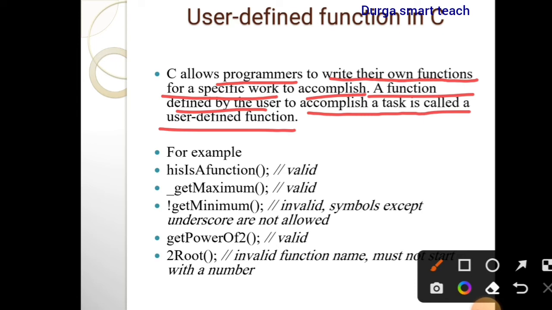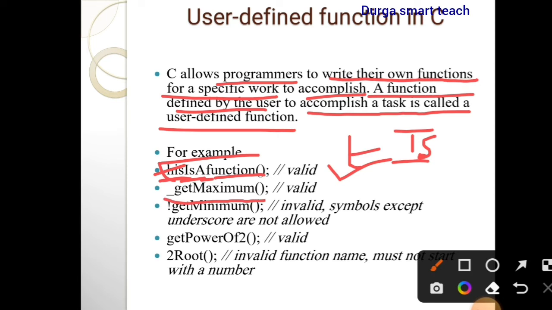Here are examples for user-defined function names. This is a valid function name, since every individual word starts with uppercase except the first. Next, _getMaximum: here we are starting the function name with an underscore symbol.